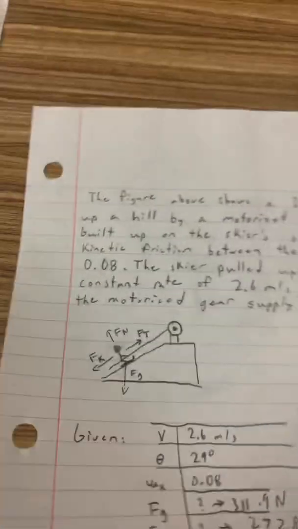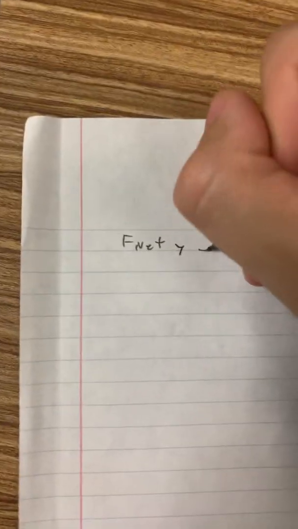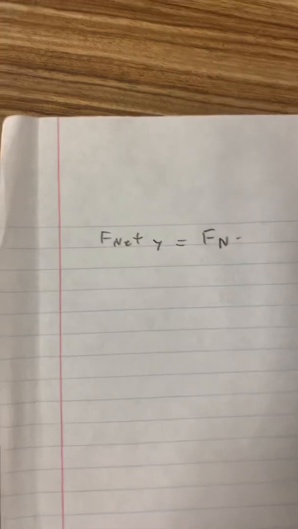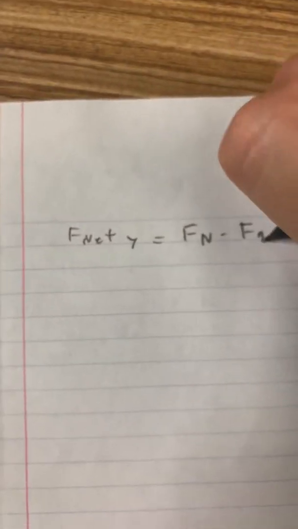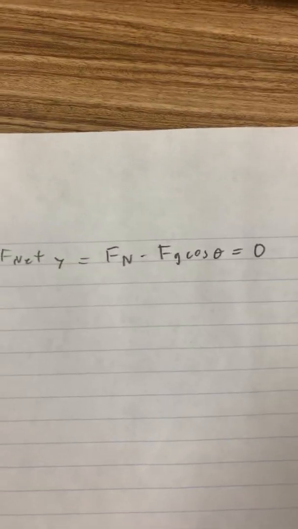In order to find the applied force, we just have to do a net force equation. For F net in y, we would find that Fn minus Fg cosine of theta, and since the velocity is constant, it would be equal to 0. But we can't find what Ft is from that.